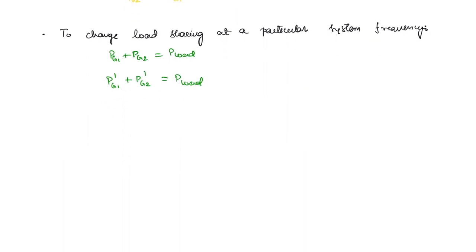So that means if you have, this is for generator 1 and this is for generator 2. Let us say this is the initial operation. Here you have PG1 and here you have PG2. Now you want to increase PG1. So what are you going to do? You're going to increase the governor set point, and for the second generator you're going to decrease the governor set point.